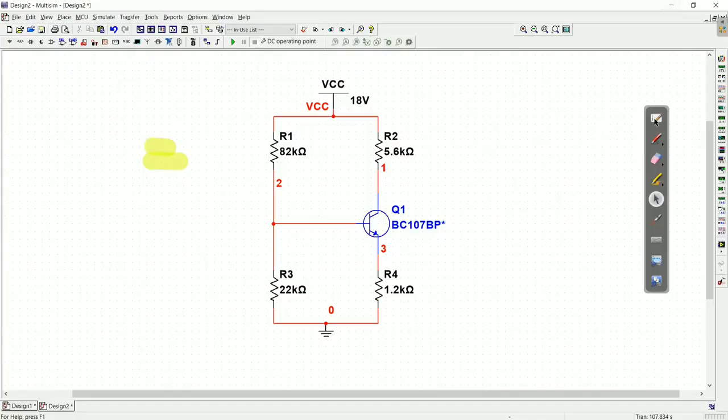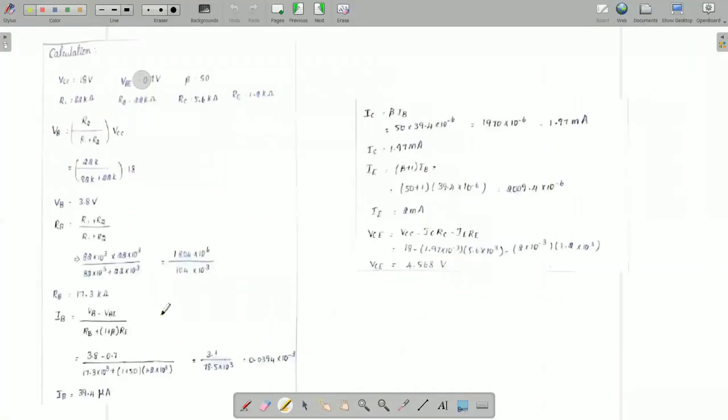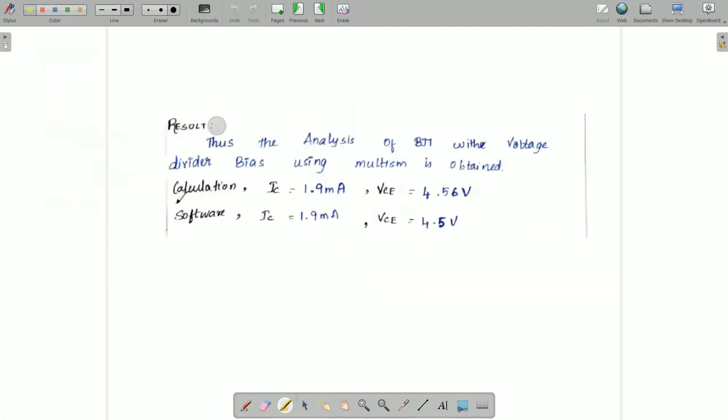Now let's see the calculation. Here we get IB equal to 39.4 microampere, IC equal to 1.9 milliampere and VCE equal to 4.56 volts. Comparing, in Multisim we get IC equal to 1.9 and in calculation we also get IC equal to 1.9 milliampere, and VCE is about 4.5 volts in both.